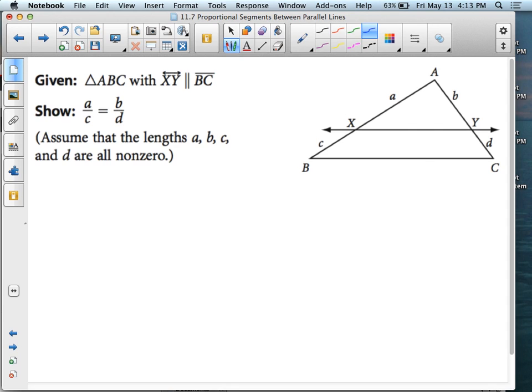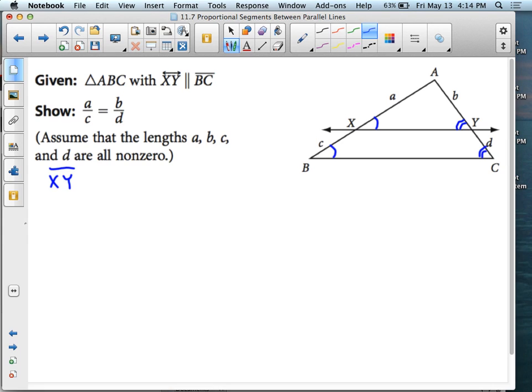Okay, let's see how you did. So I'm given that triangle with the parallel sides. One thing I might think about right now is that my two triangles here are going to be similar. I should actually say why those are parallel.